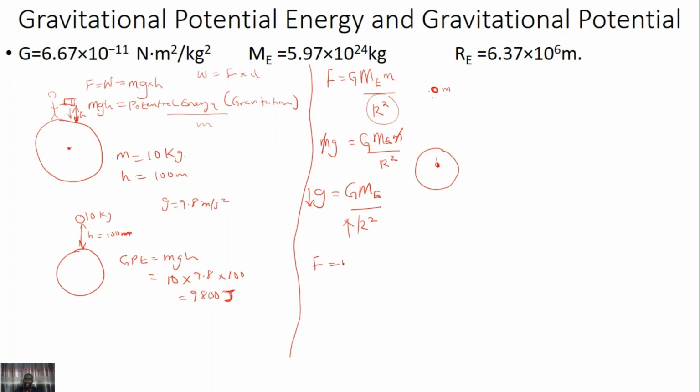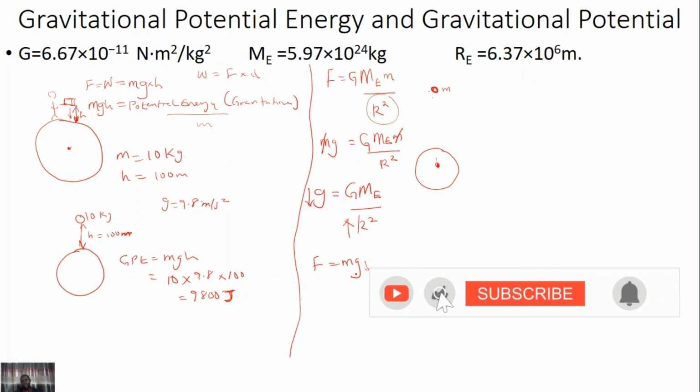the force, which is the weight of the body, that is the force exerted by the earth on the body, also decreases as the acceleration due to gravity decreases. You can watch my video on this for a better explanation.